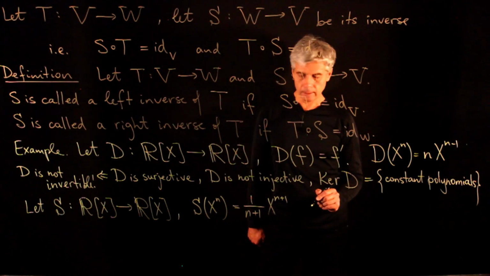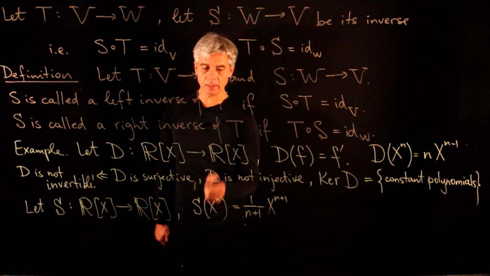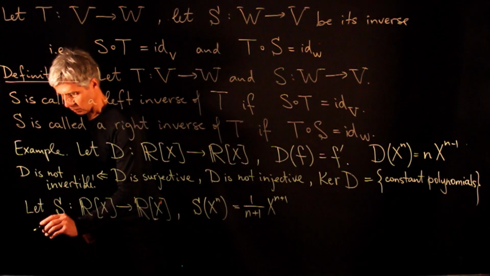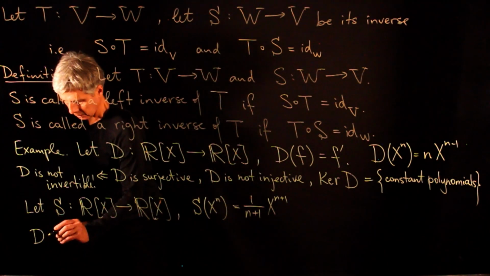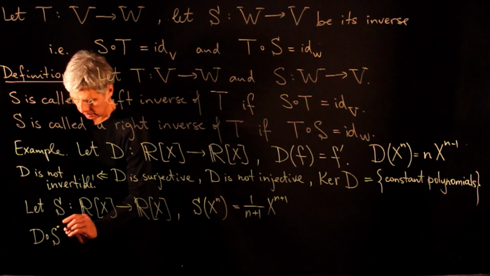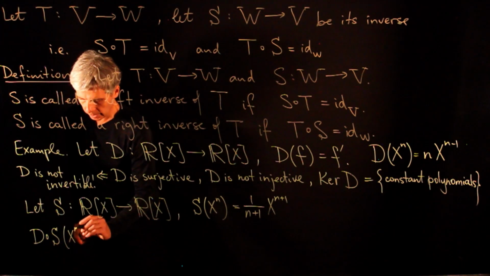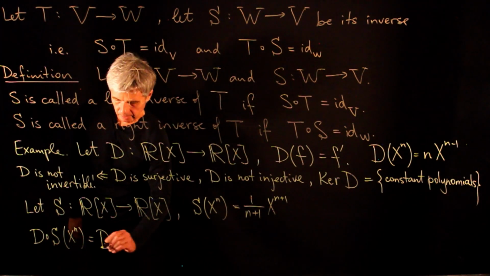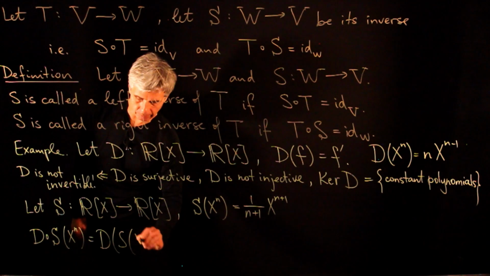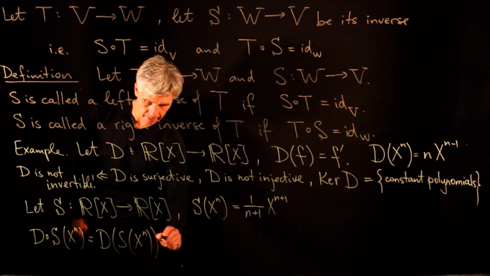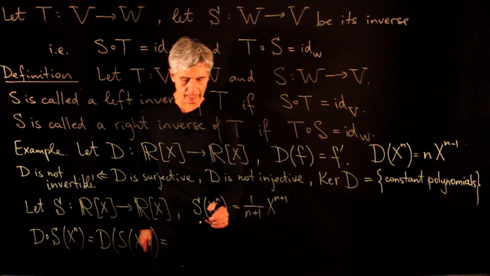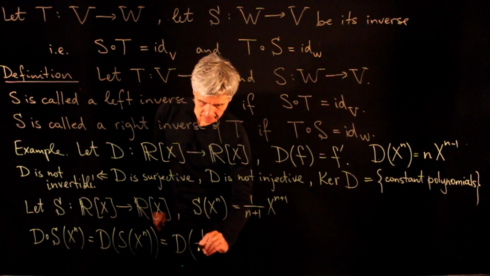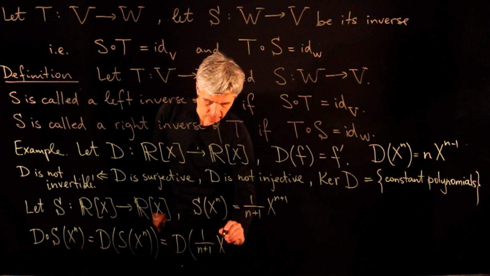So what happens if we take the composition of the derivative and antiderivative? Let's take D composed with S applied to x to the power n. So this is D of S of x to the power n. Now, S of x to the power n is 1 over n plus 1 times x to the n plus 1.